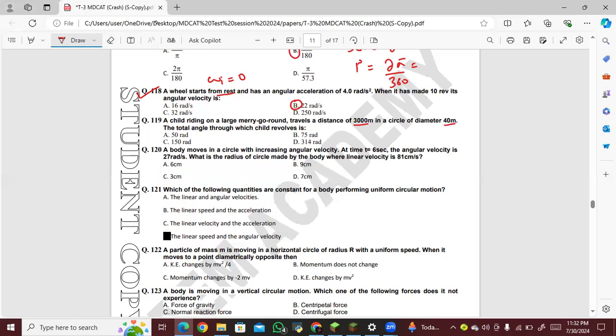The linear distance is given, diameter is 40, then radius becomes 20. You can use this formula s equals r theta. You need to determine theta. The value of s is 3000 divided by 20. You will get radians. How many radians are there? 150, I think. Yes, 150. So answer is C.